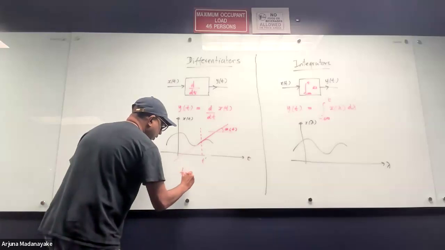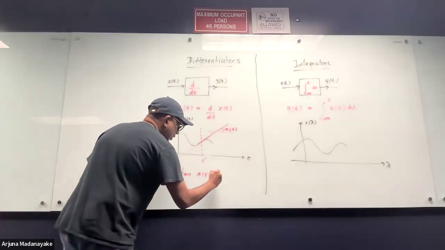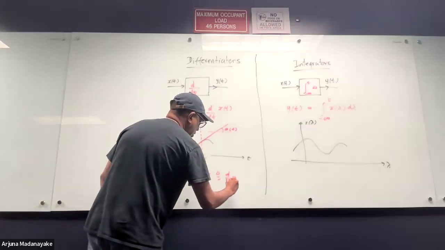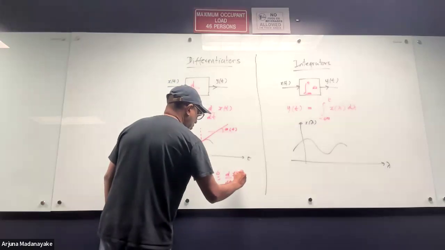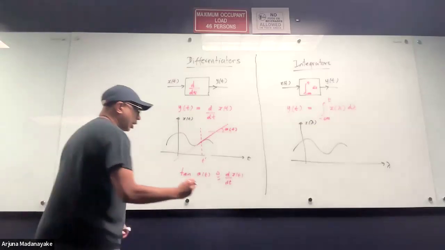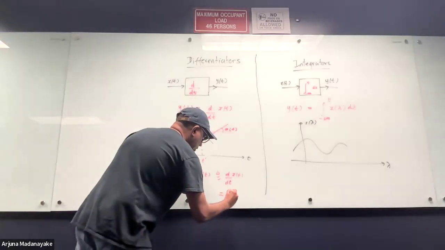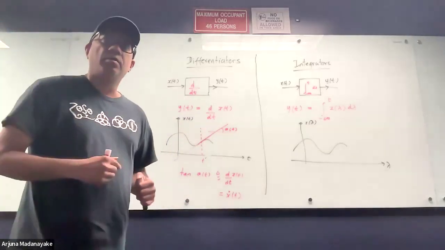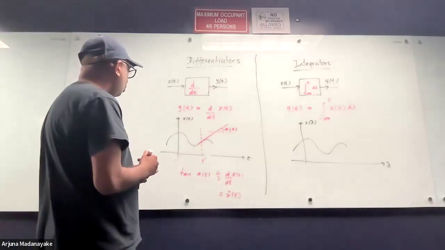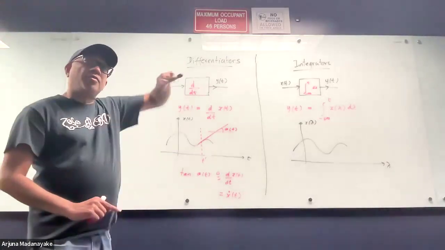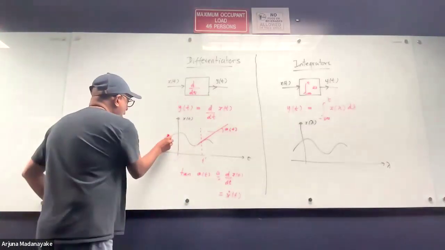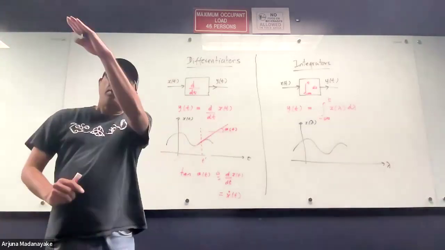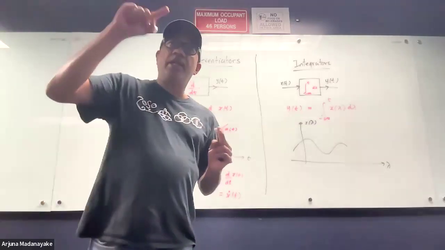So the tan of theta is defined as d over dt of x, which we also write with a dot as x dot. That's fine. So imagine a function of time. I can draw this slope like this. As time goes by, this slope gives you the angle at which the function is changing.